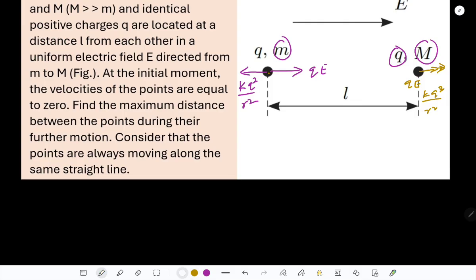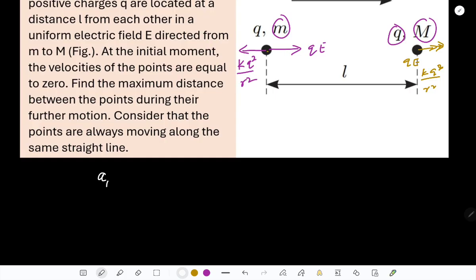So we can write their accelerations. I'm going to write the acceleration of point mass small m at this moment, a1, which can be written simply as minus kq square divided by m r square, force by mass, plus qE by m, since this acceleration is imparted by the external electric field.